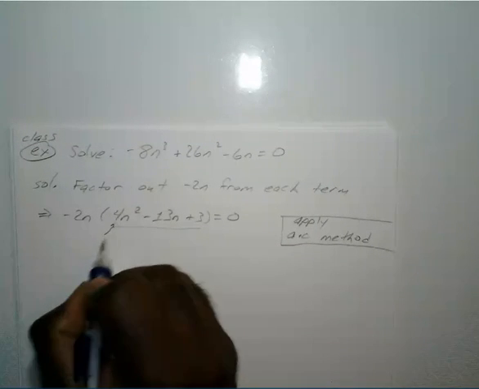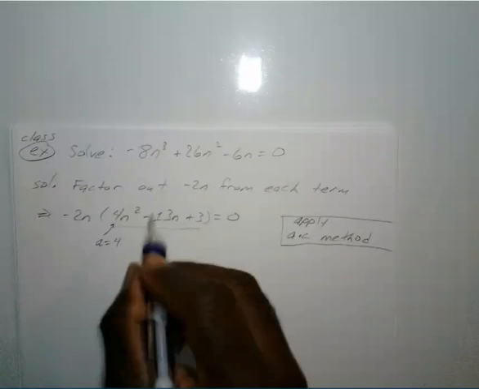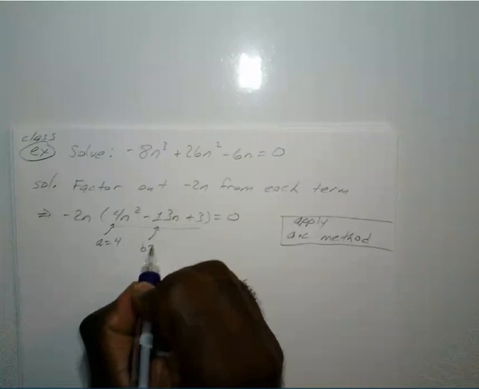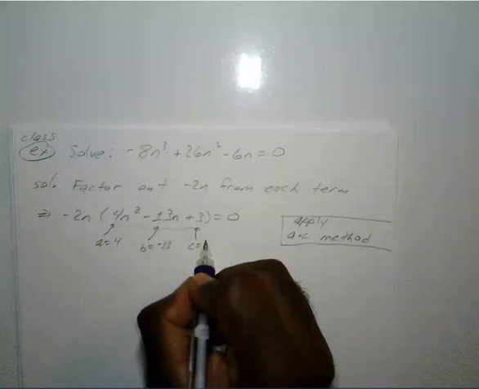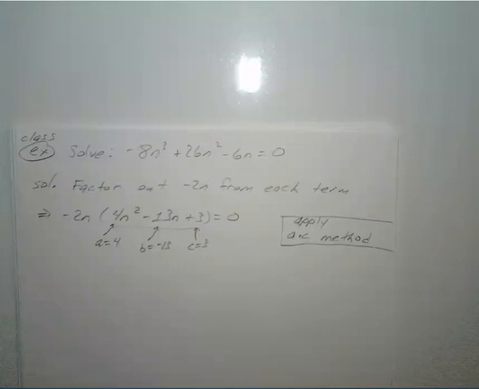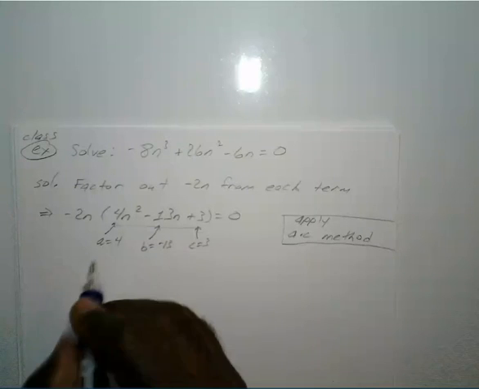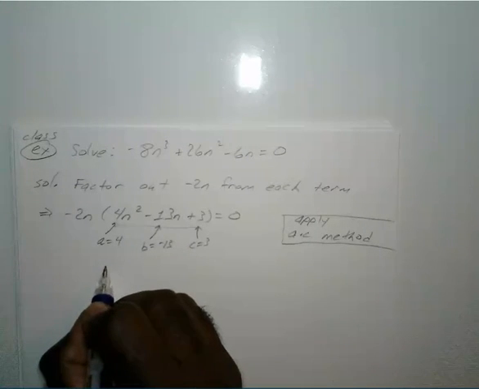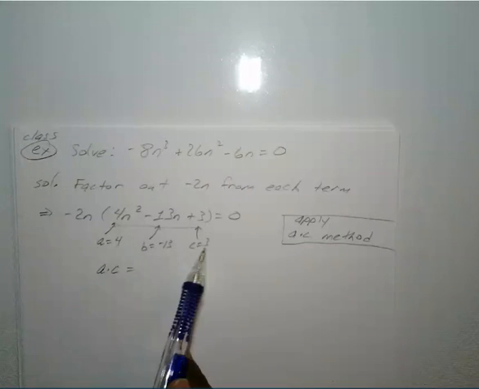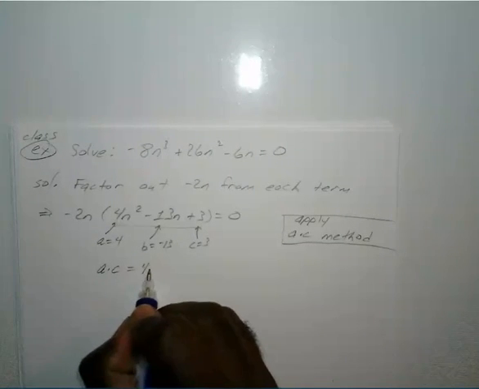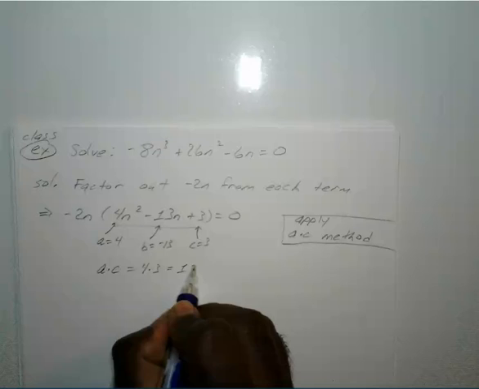So we know on this one, A is equal to 4, B is equal to negative 13, and C is equal to 3. Of course, the A times C method means we have to find A times C. A times C is 4 times 3, which is 12.